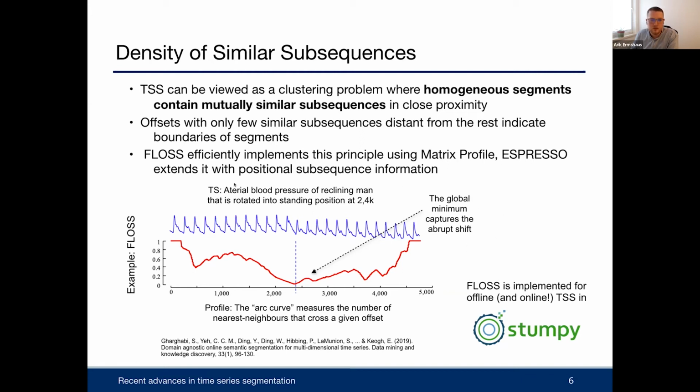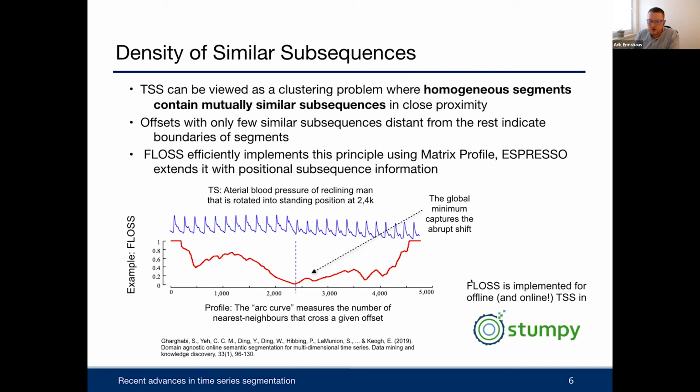And Espresso mainly formalized this with other proposals and efficiently did this, and it works. And to note also, FLOSS is implemented in quite a nice library, which is called STUMPY.